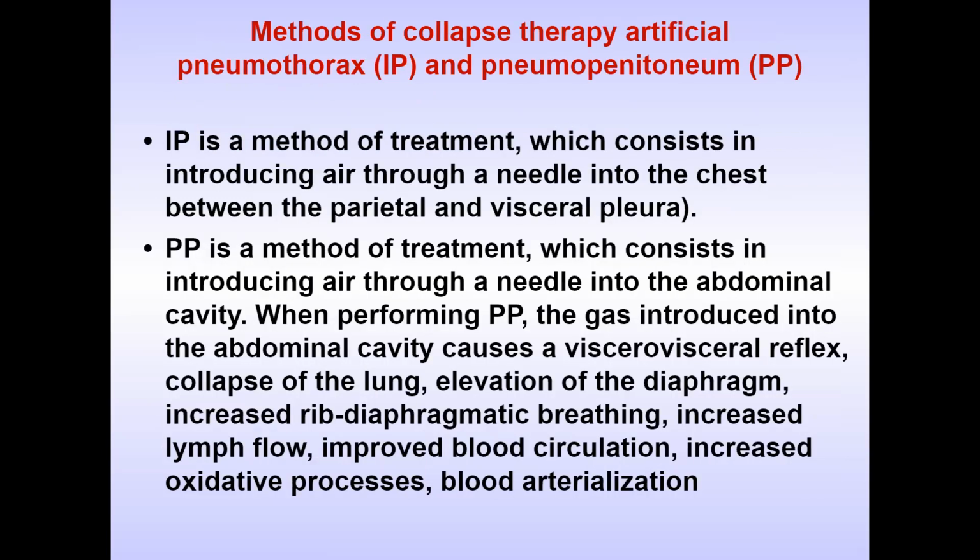Methods of collapse therapy: artificial pneumothorax and pneumoperitoneum. Artificial pneumothorax is a method of treatment which consists in introducing air through a needle into the chest between the parietal and visceral pleura. Pneumoperitoneum is a method of treatment which consists in inserting a needle into the abdominal cavity.